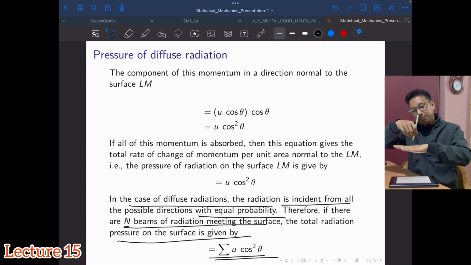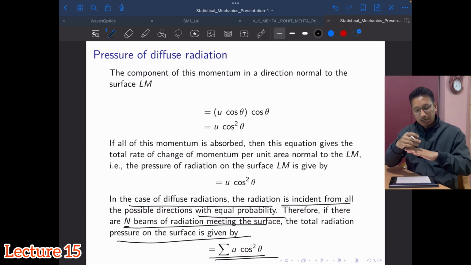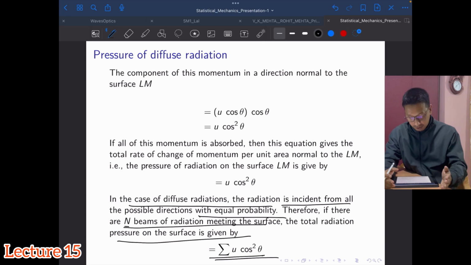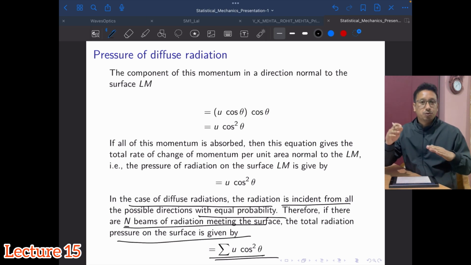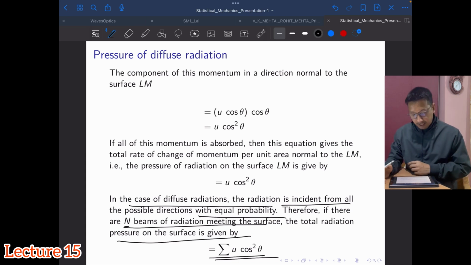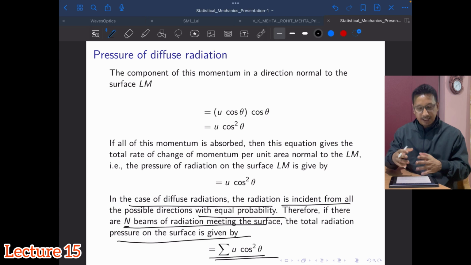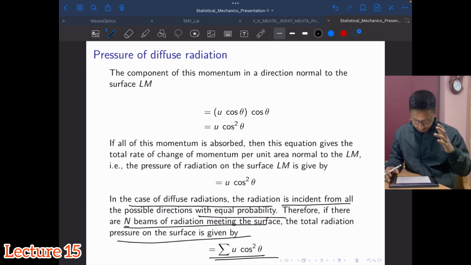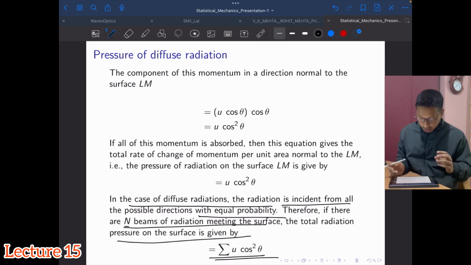Each beam, say one photon, exerts pressure on the surface through momentum transfer, as we have already discussed: u cos squared theta. If you sum up the momentum due to all the photons incident on the surface, you will get the total radiation pressure on the surface. Now, how do you calculate this term?